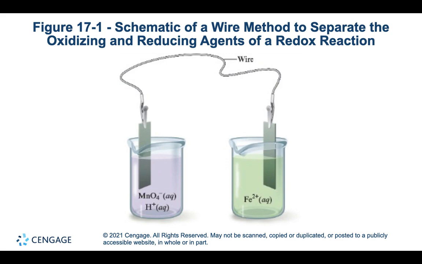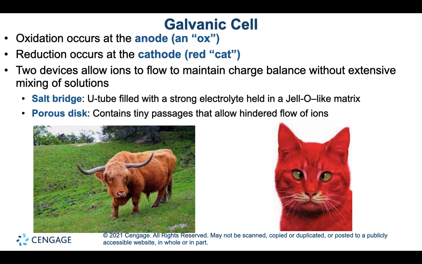Now, before we move on to a further discussion of this chemical arrangement, we need to get some vocabulary down. You may have heard this before about electrodes, that electrodes can be positive and negative, and also that when you have a positive and negative electrode, they have the names anode and cathode.